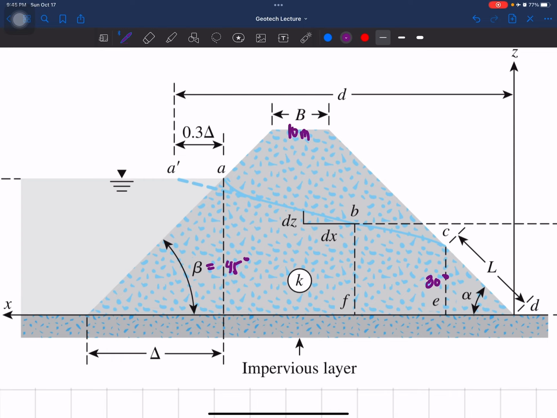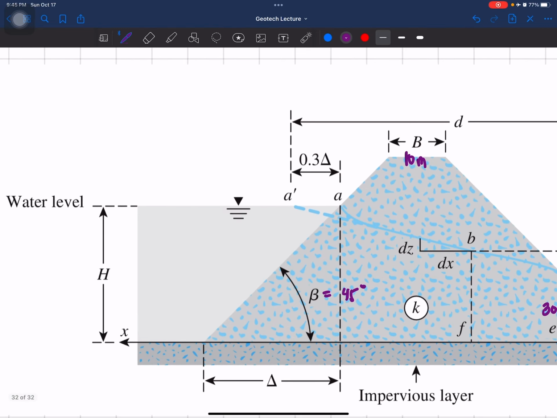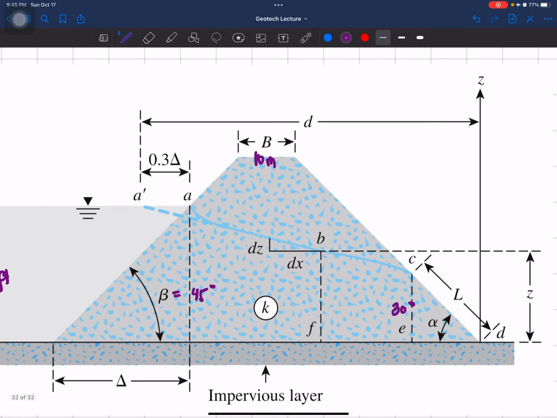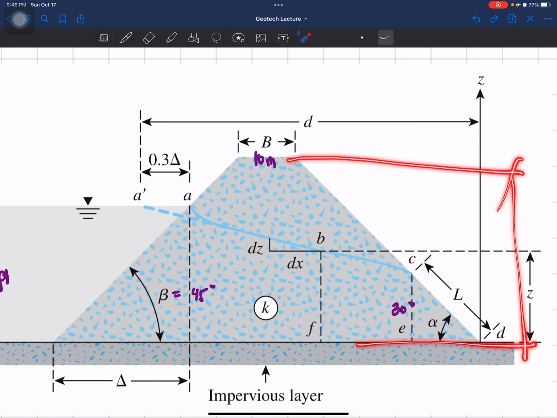And then the H, or the height of the water, is 20 feet. So, this one is 20 feet. And then we have the height of the dam. Consider this height, guys, from this point down to the base.